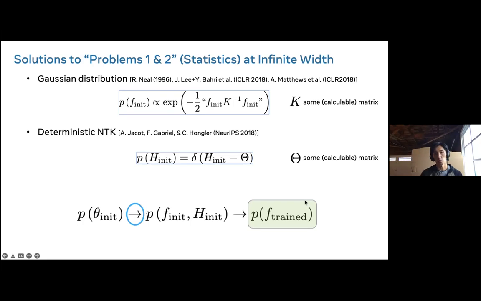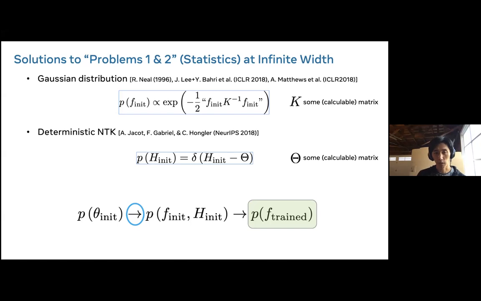Okay, so actually this has been done nicely by including people in this audience. It turned out that the distribution of the function, this f at initialization, is just given by a Gaussian distribution. This was actually realized for a one hidden layer network by Radford Neal in 1996, but it has been kind of ignored, I think.